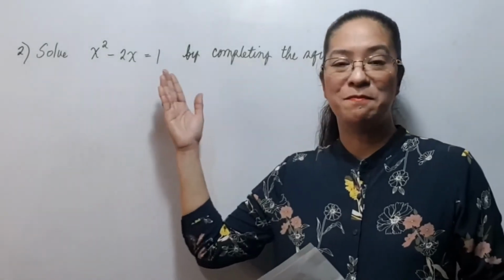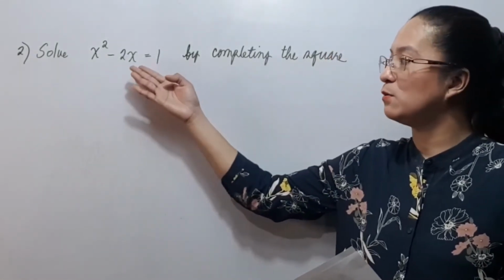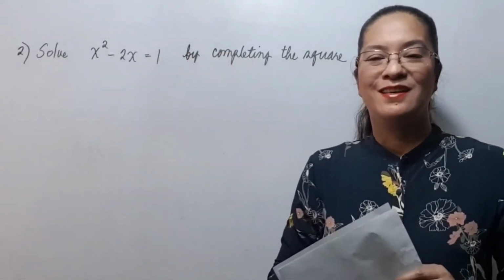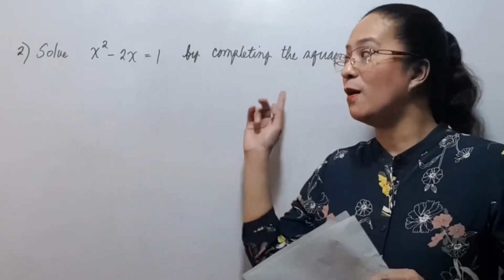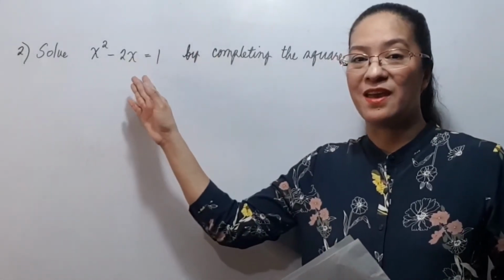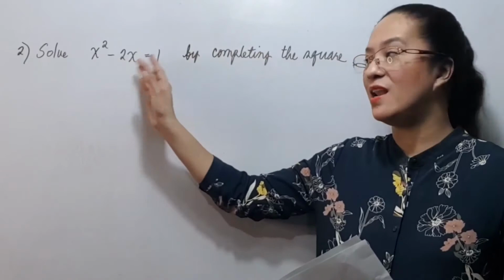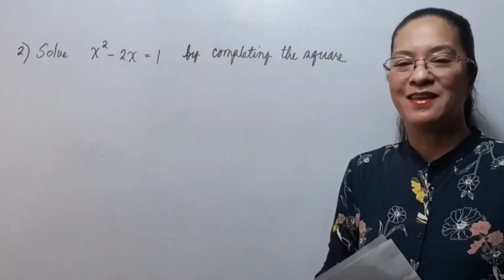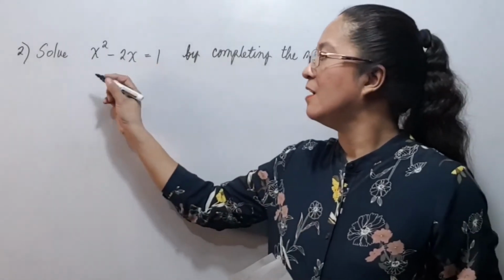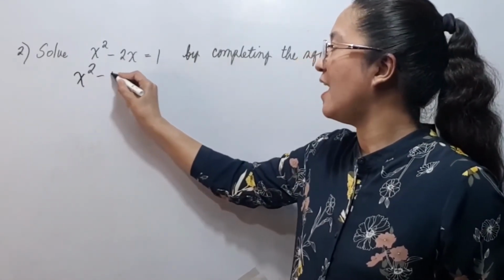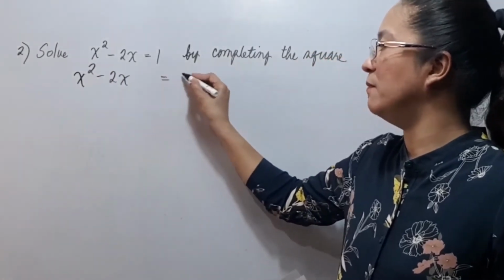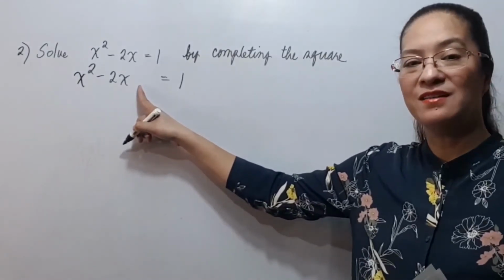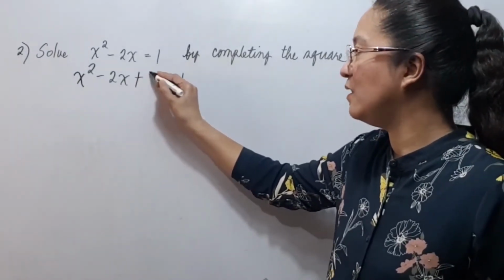Okay, so let's have example number 2. Solve x squared minus 2x equals 1 by completing the square. Okay, so unlike yung example number 1, nakaayos na to eh. So yung left side ay wala ng constant term. Nailipat na natin sa right side. Okay, so second step na tayo. Make the left side a perfect square trinomial. What are you going to add here in order to make a perfect square trinomial? Okay, very good. So we add 1.